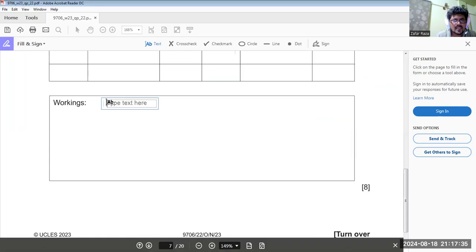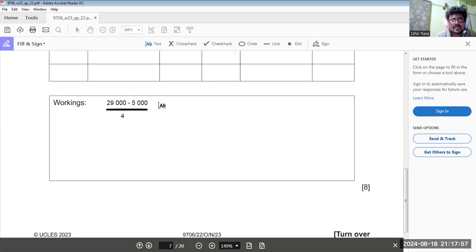The cost of machine was 29,000 minus scrap value 5,000. Okay. And the whole value is going to be divided with 4. The life was 4 years.